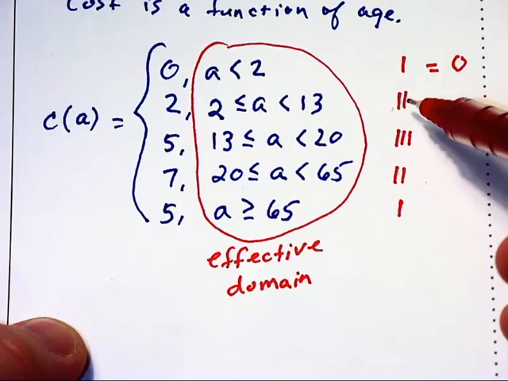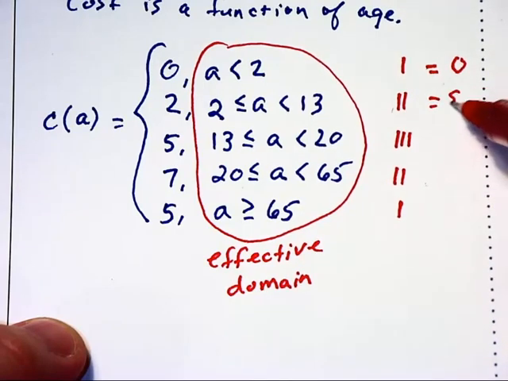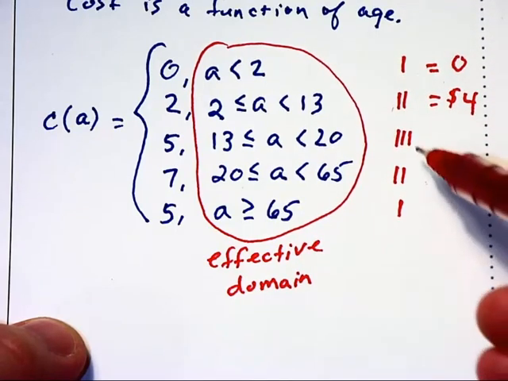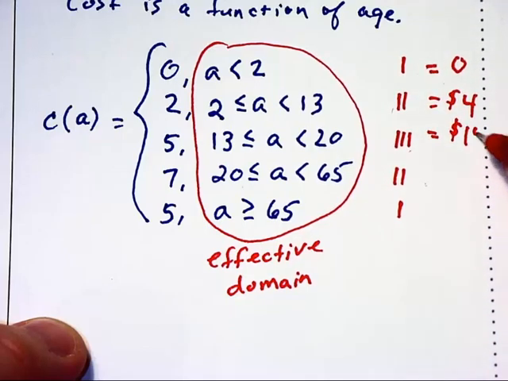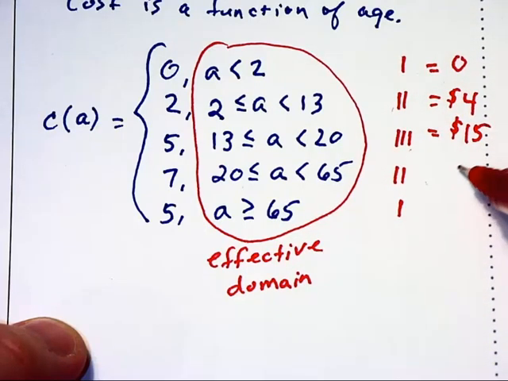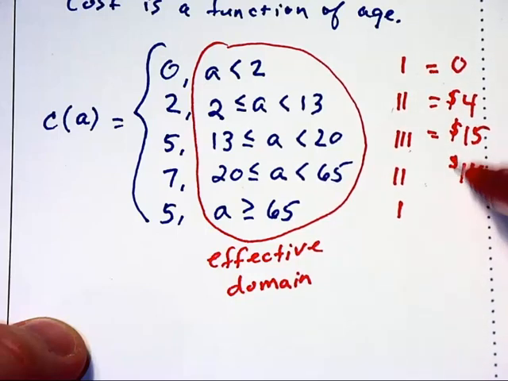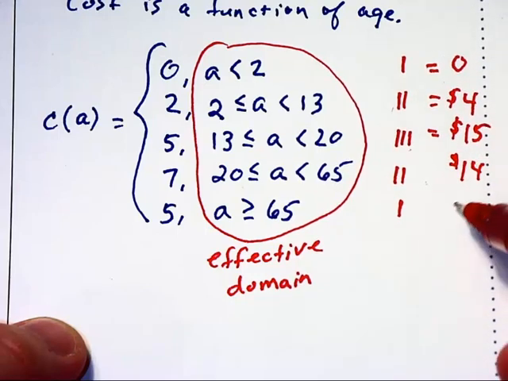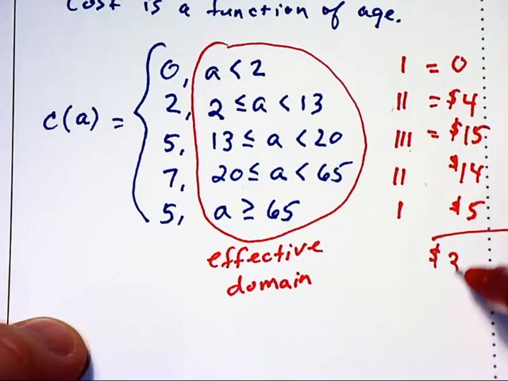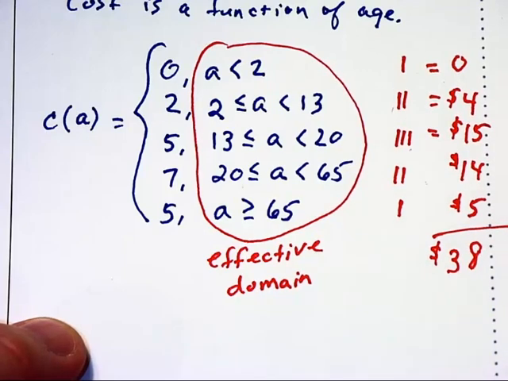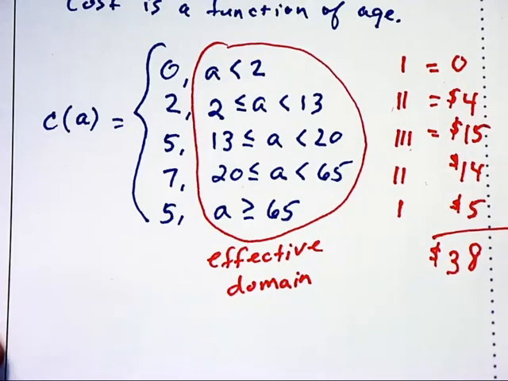Your 2 kids at $2 a piece are going to add up to $4. 3 teens at $5 a piece, that's going to be $15. 2 adults will be $14, and the grandparent will be $5. So this family, if you add down, is going to cost $38 or spend $38 to go to Wet Willie's Water World.